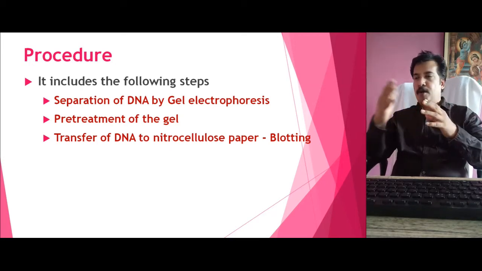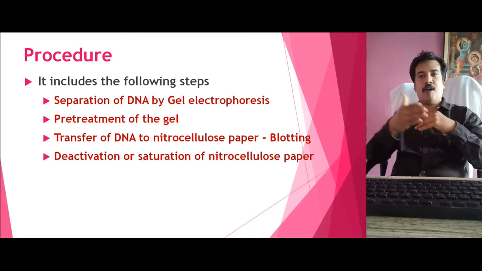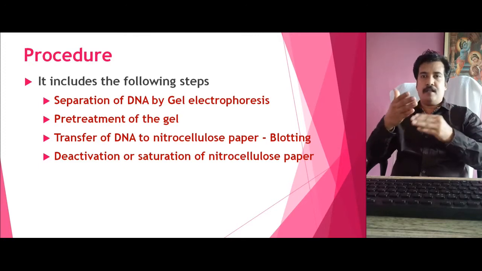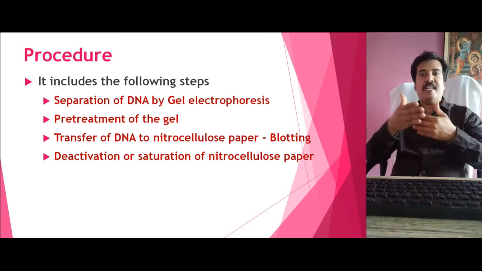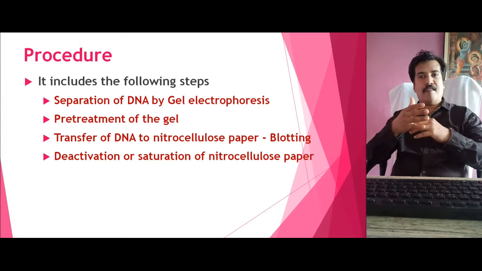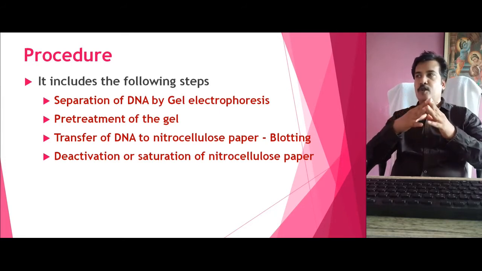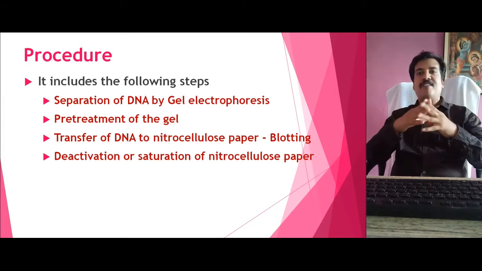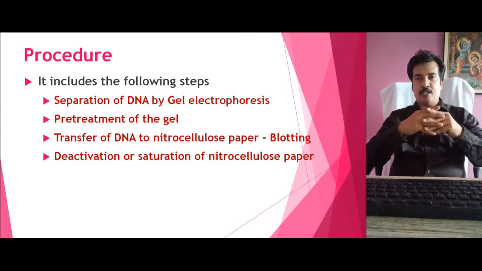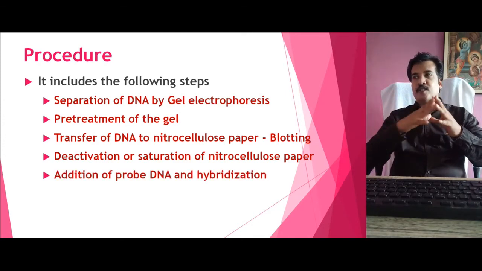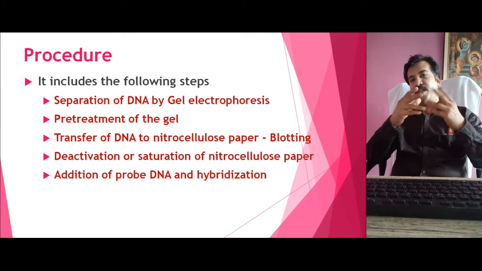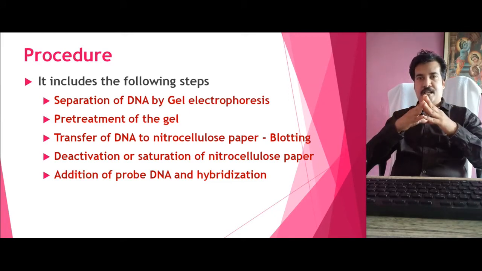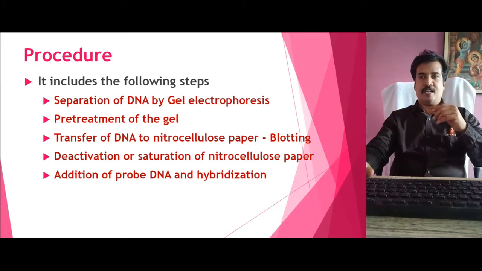Once we blot onto the nitrocellulose paper, the other part should be deactivated, otherwise it also has an ability to take the probe DNA. So the deactivation, otherwise called the saturation of the nitrocellulose paper, should be done. Next is the addition of the probe DNA, which is complementary in nature, and we do the hybridization process.